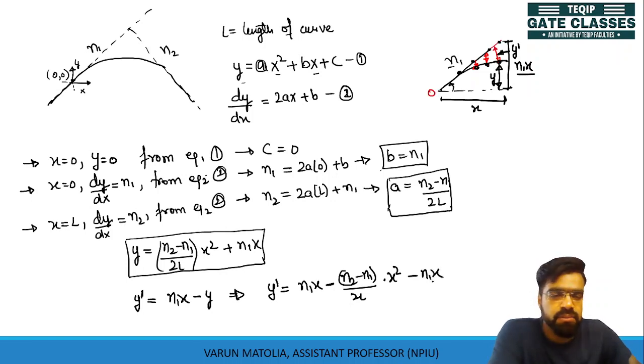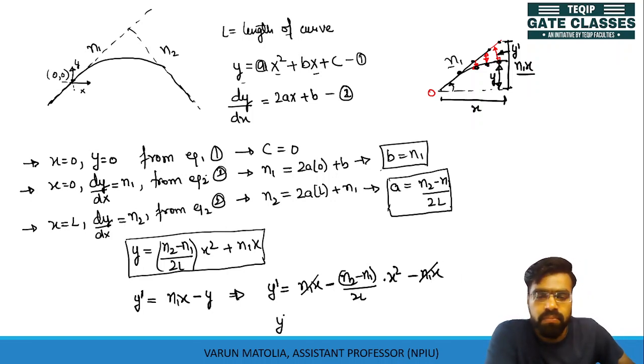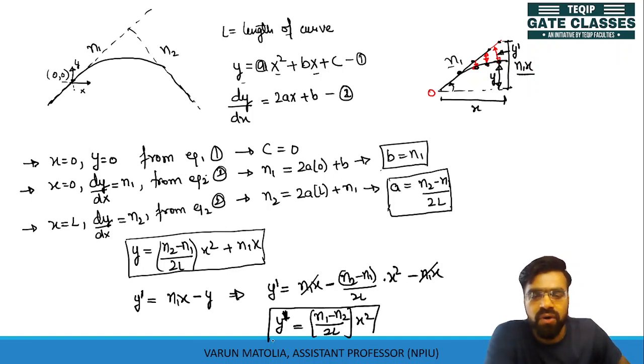Plus n1x minus n1x can be cancelled out. This minus can be placed inside. This is y dash, not y square. And this is equal to (n1 minus n2) by 2l into x square. This is our equation for our summit curve.